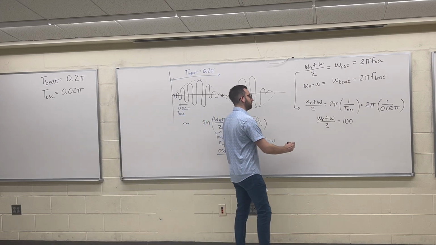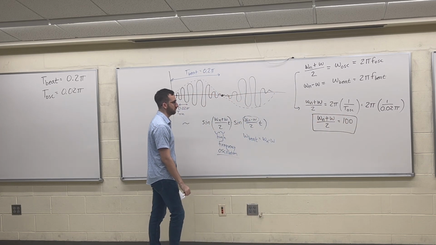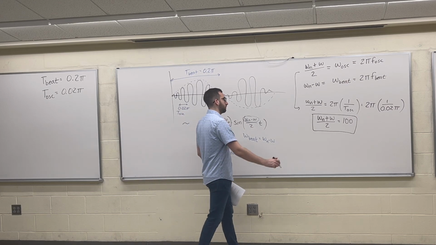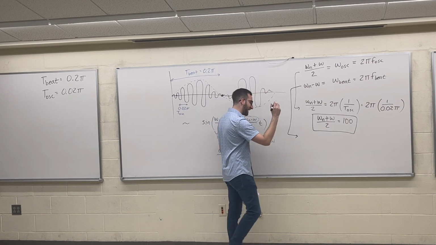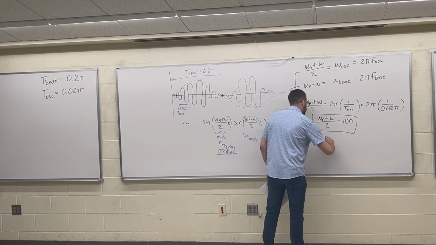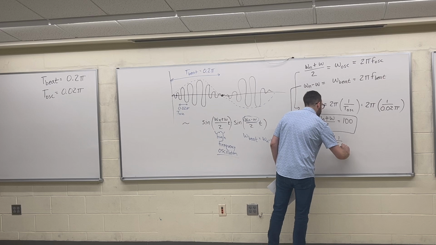So that's one equation. Now we can come to our second equation: omega n minus omega is 2 pi times 1 over T beat.